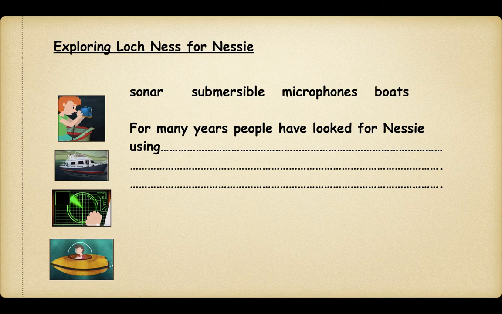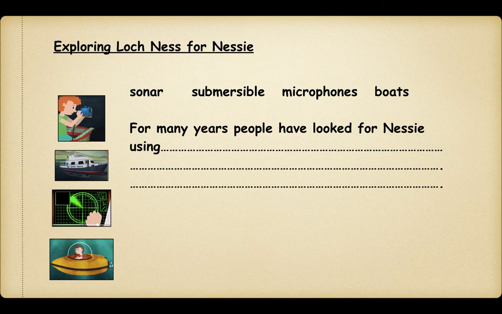They're not in the right order, but I'm sure you can see which image each word goes with. So I've started the sentence. You just need to finish off the sentence using the words above. For many years, people have looked for Nessie using. So what have they been using to look for Nessie?